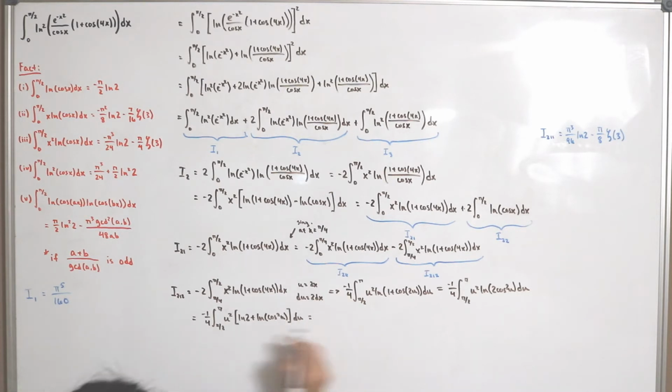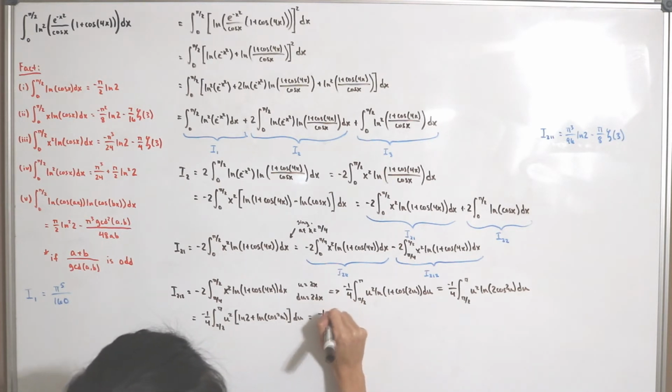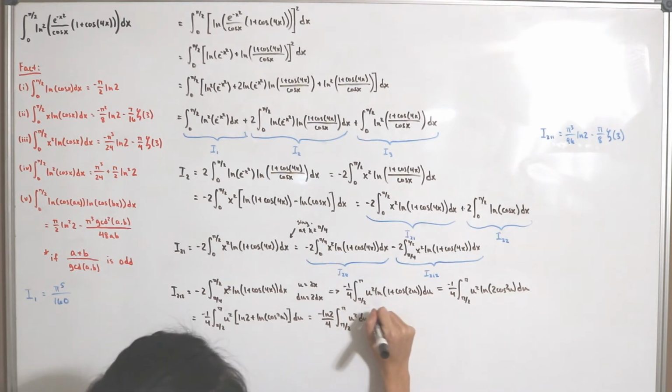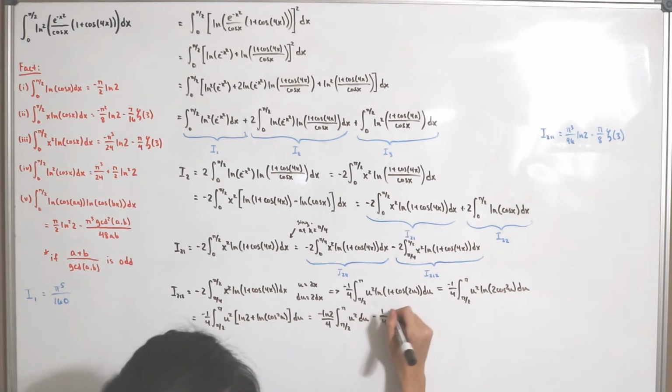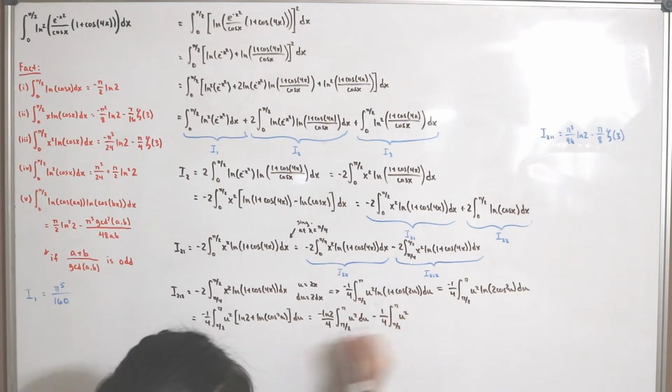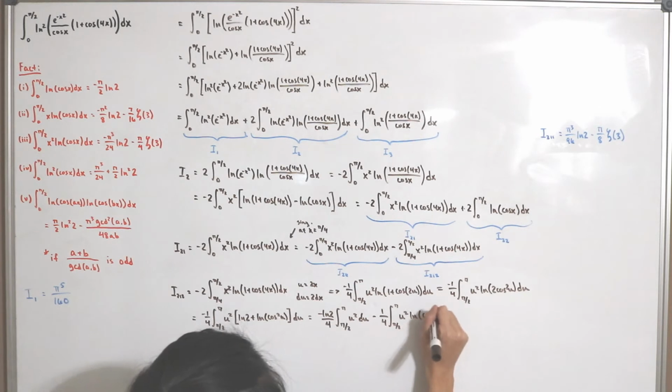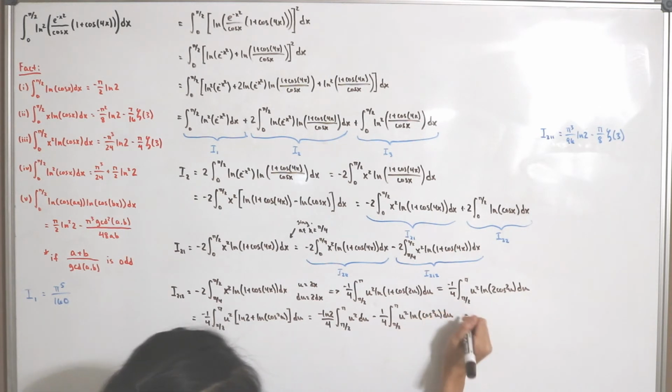So this is negative ln of 2 divided by 4 times the integral from pi over 2 to pi of u squared du, then subtract 1/4 times the integral from pi over 2 to pi of, distributing the u squared in, u squared multiplied by ln of cosine square u du.